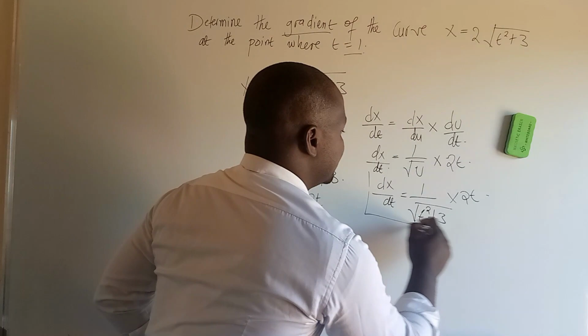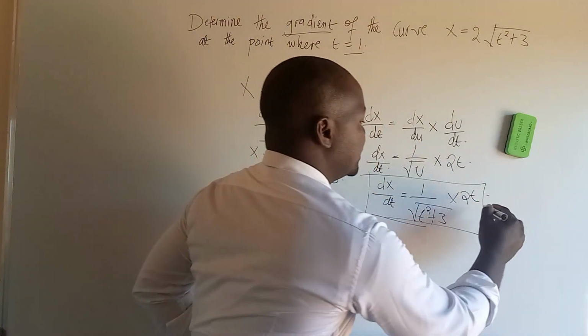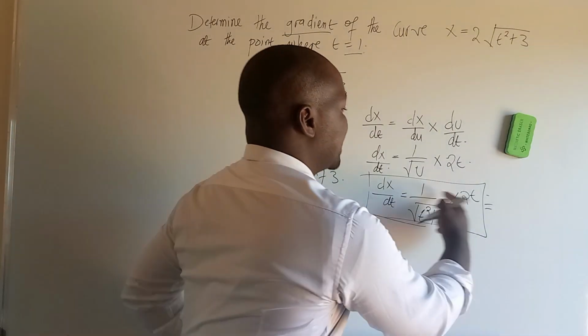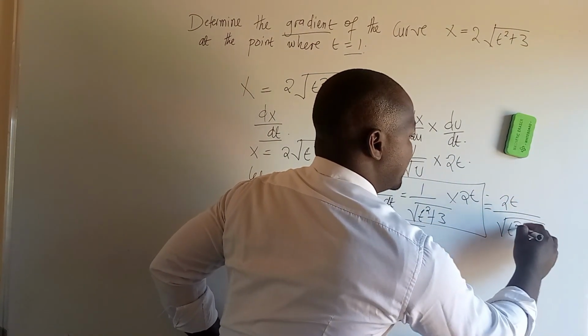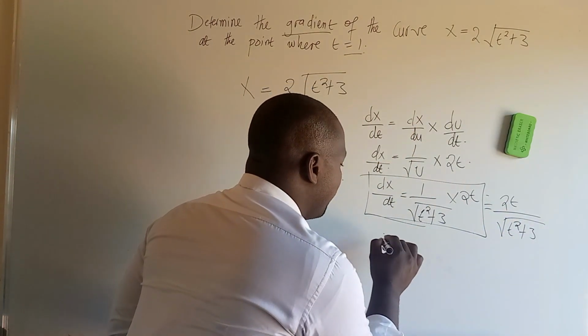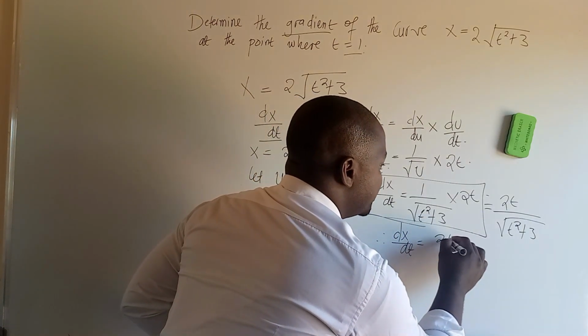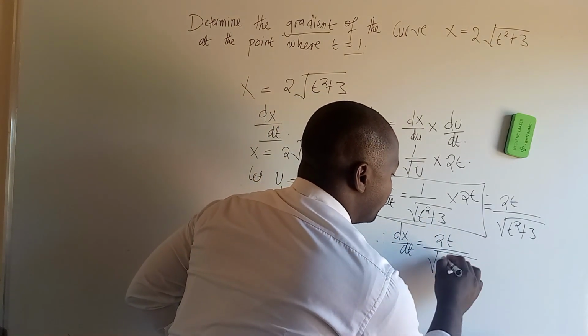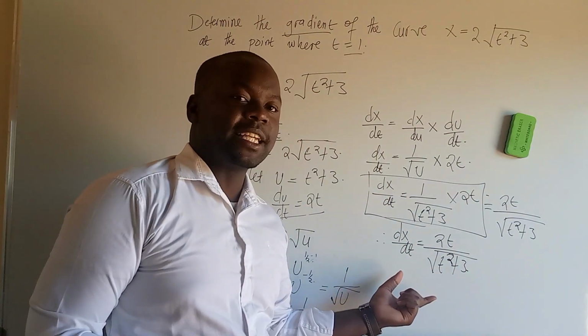So this is the function of dx over dt. If you want, you can simplify it: 1 times 2t is 2t over the root of t squared plus 3. So therefore, dx over dt is equal to 2t over the root of t squared plus 3.